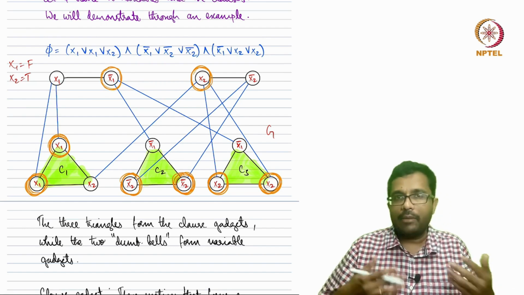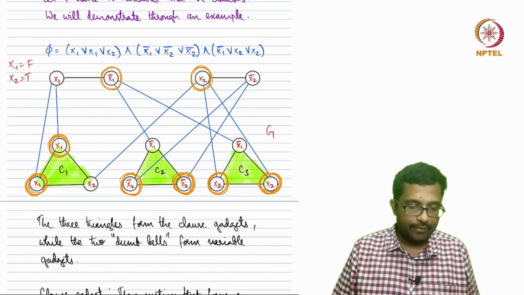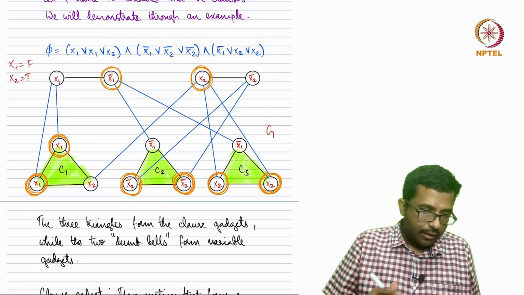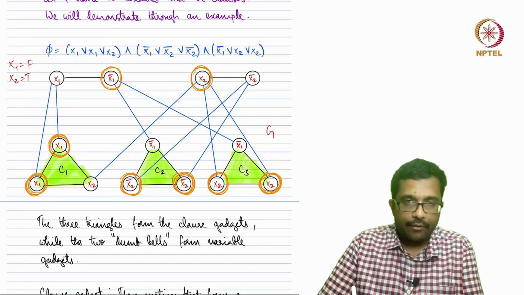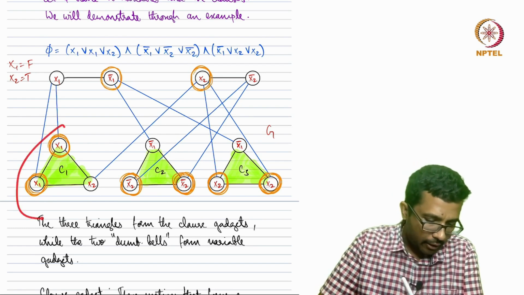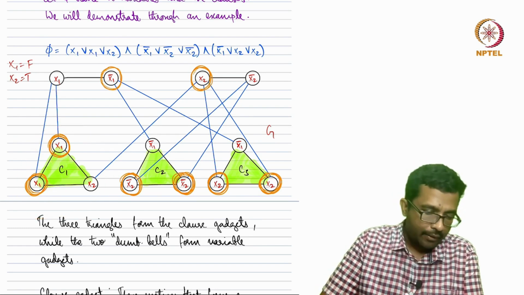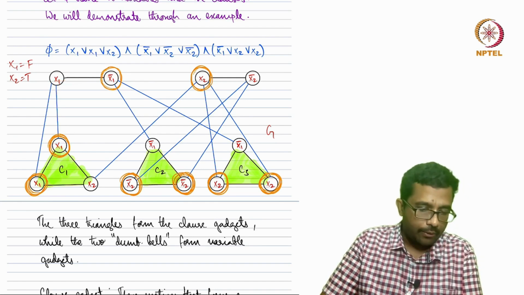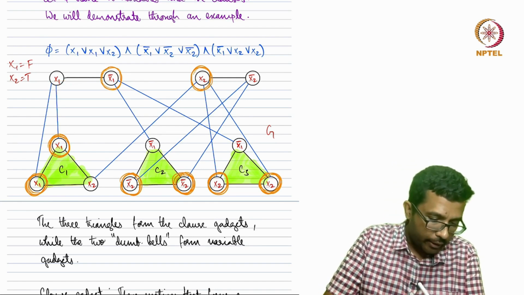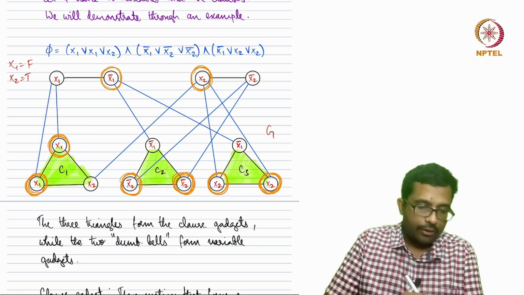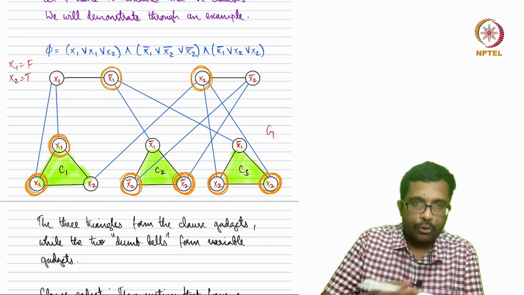Now it is kind of the same argument that we saw in the other direction of the proof, but in the reverse direction. Now how is this going to be a vertex cover? Every clause gadget picks 2, so the edges in the clause gadget are covered, and edges in the variable gadgets are also covered by the 1 vertex. Now how are we covering the edges going across? If you pick a clause, 2 edges are covered because 2 vertices are covered.